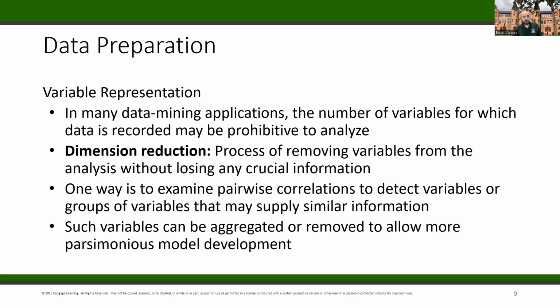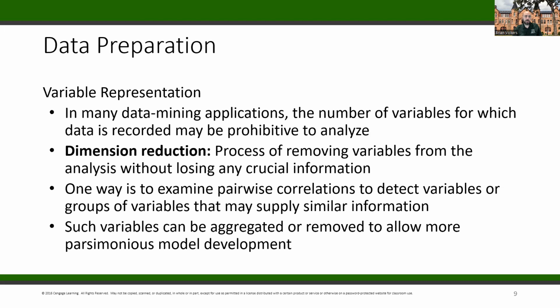Sometimes there are just way too many variables being represented. We have too much information, and so we can run these through some sort of regression model in order to look at correlation between 2 or more variables.